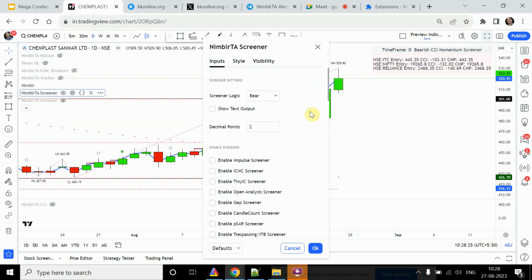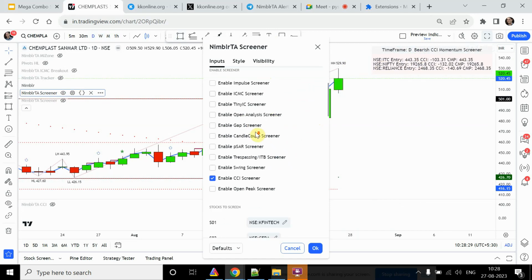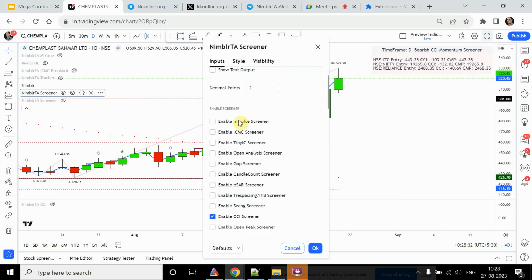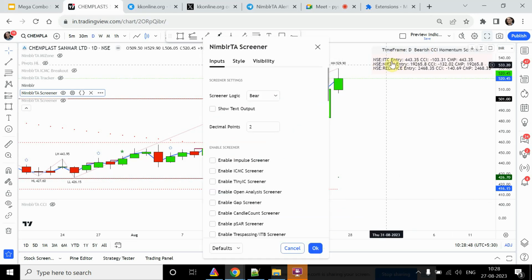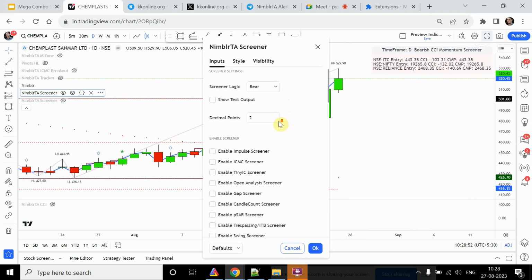Now, what particular strategy I would choose, I have a combination available over here. I can choose any one combination at one time. If I am looking for the CCI screener, I enable the CCI screener over here, I click it, I do OK, and I would see the stocks screened by the screener in live real time.